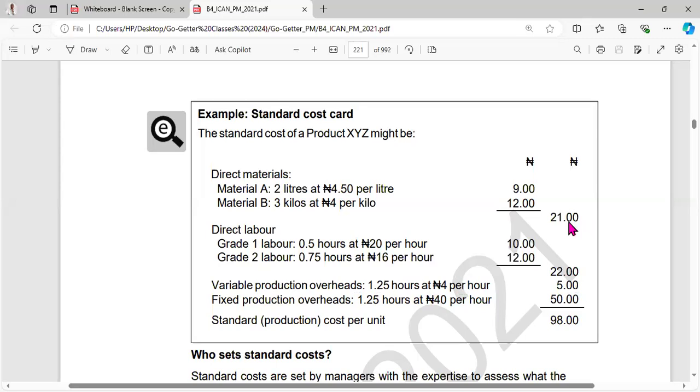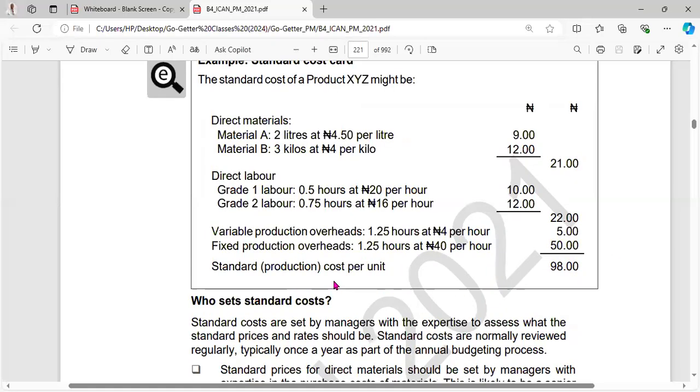And when you add material, labor, production, variable overhead, and fixed overhead, you get standard cost for 1 unit. So in the exam, you may be seeing this standard cost, and they might give you a profit margin, say 20% or a cost markup of 20%.